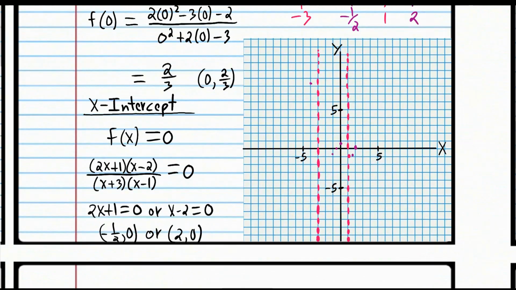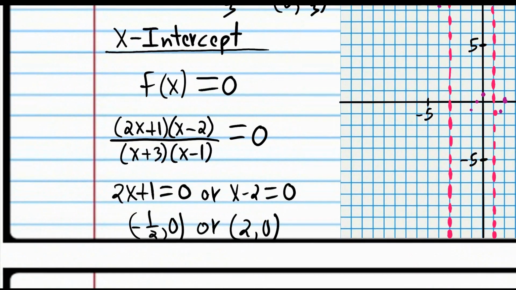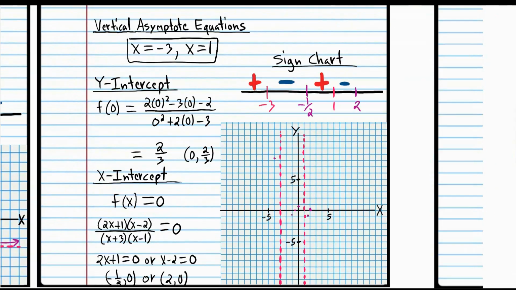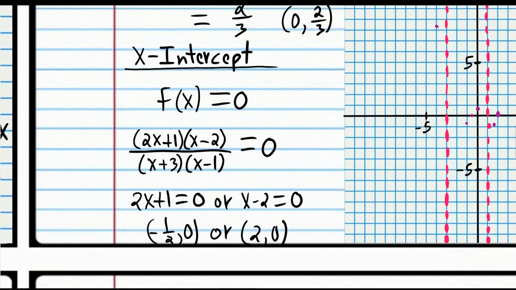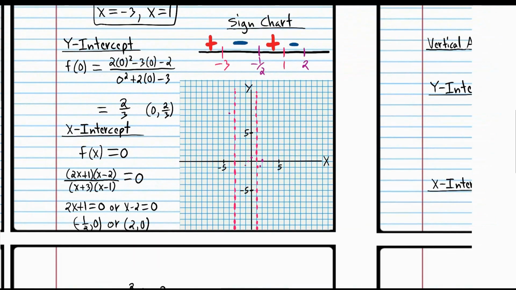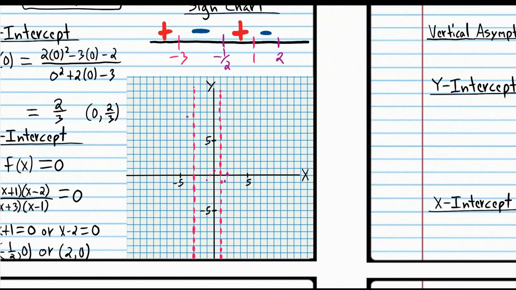Now let's plug in 3, the final region to test. So we're testing this region up here with x equals 3. So we get 7 times 1 over 6 times 2, which is 7 over 12. So we plugged in 3, we got +7 over 12.